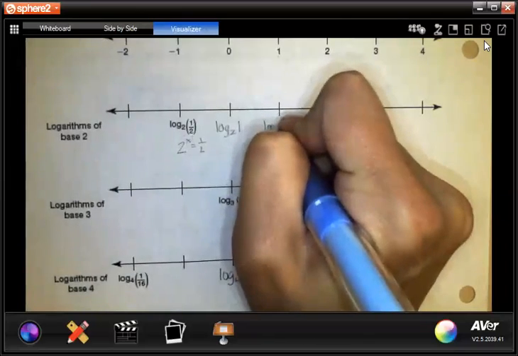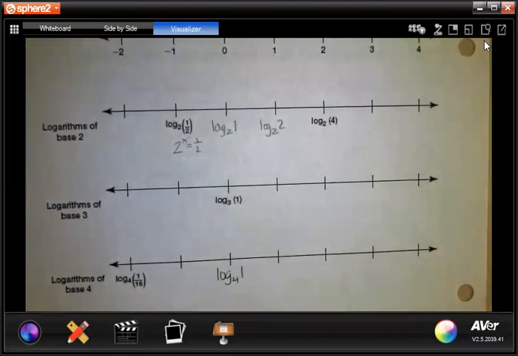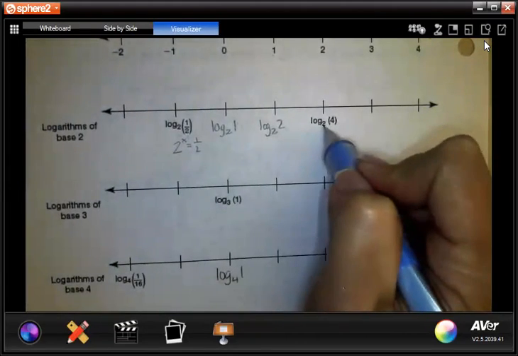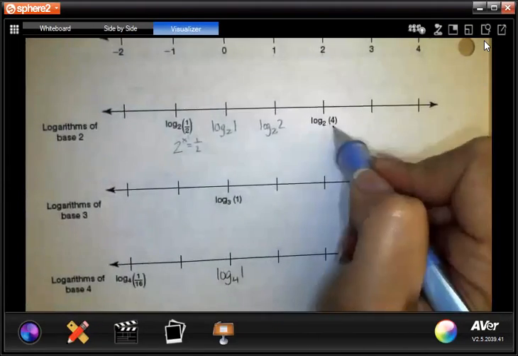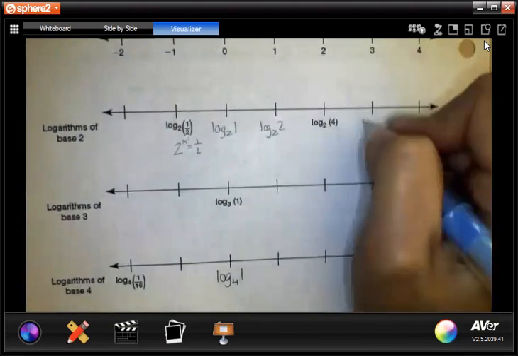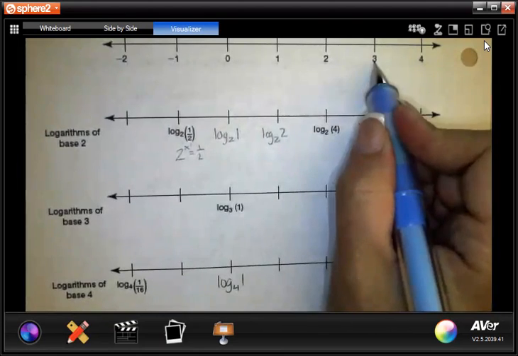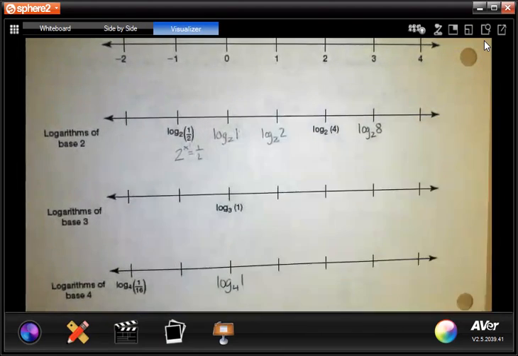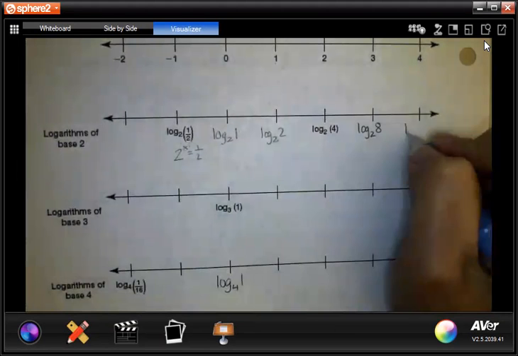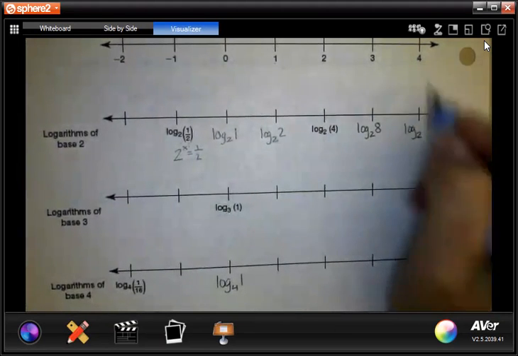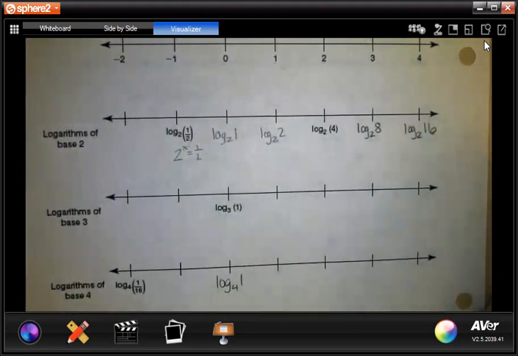So this would be a log base 2 of 2. 2 to the second power would be 4. 2 to the third power would be 8. 2 to the fourth power would be 16.